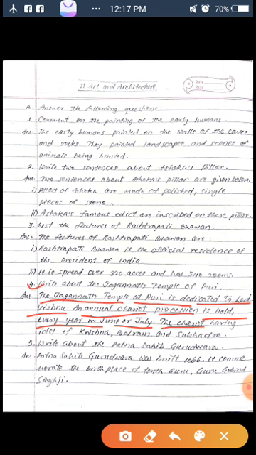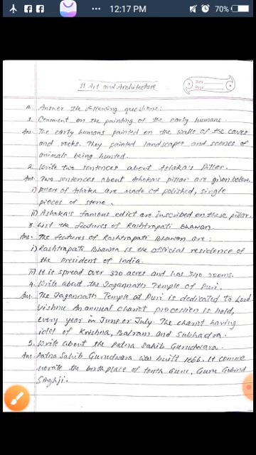The chariot has the idols of Krishna, Balaram and Subhadra.